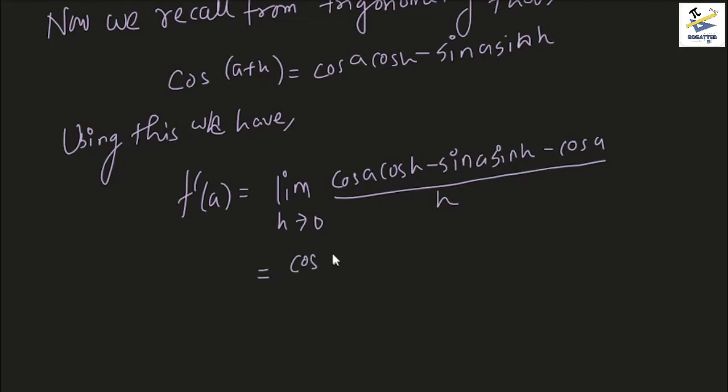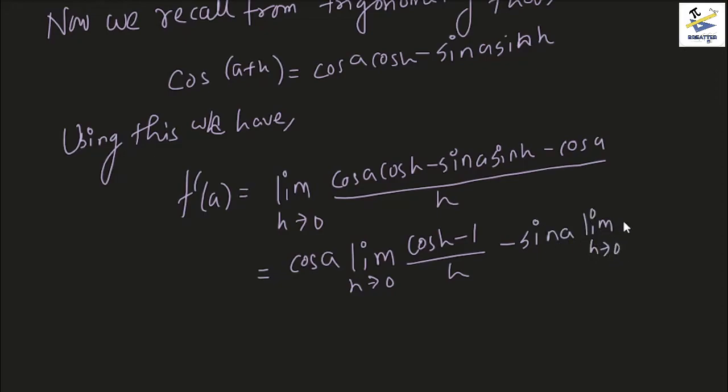So we can again distribute it as follows. Take cos a common, and we can write it as cos a times limit h tends to 0 of (cos h minus 1) by h, minus sin a common times limit h tends to 0 of sin h by h.